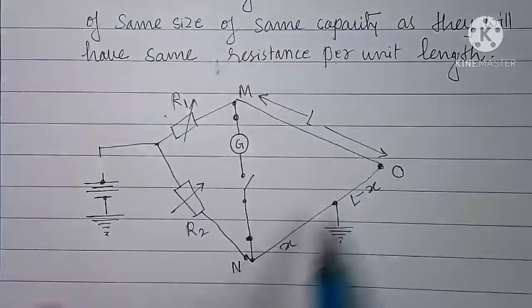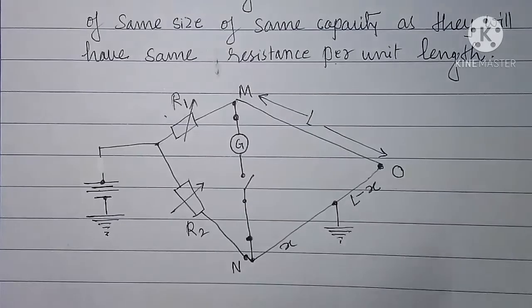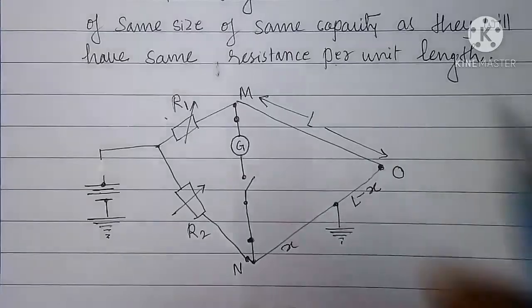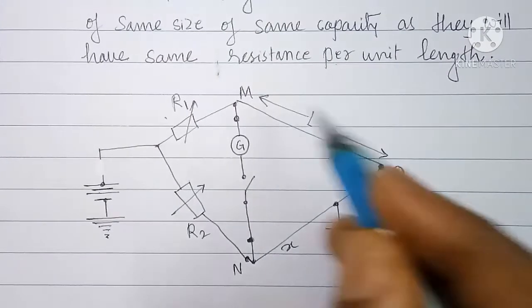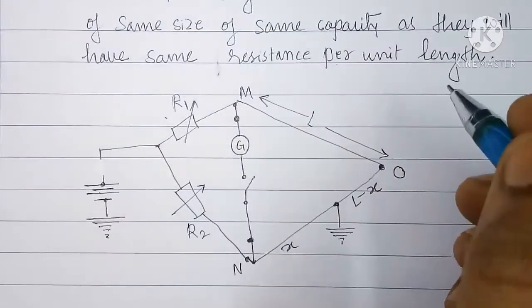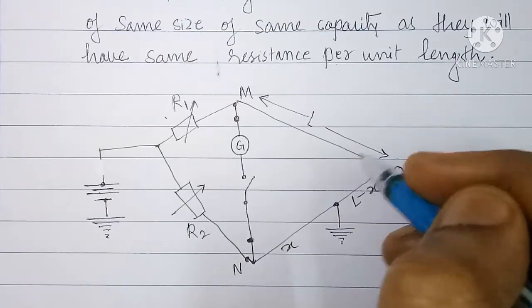Here MO and NO are the two conductors of same size, and let us say they have got same length now. This is the bridge used for testing the cable using Murray loop test.